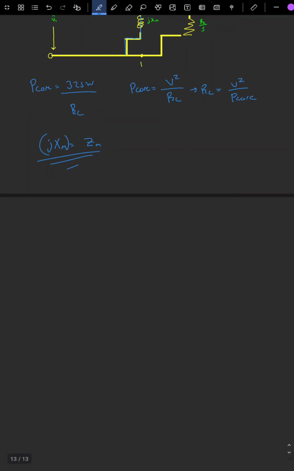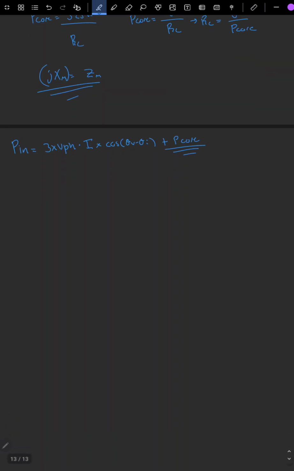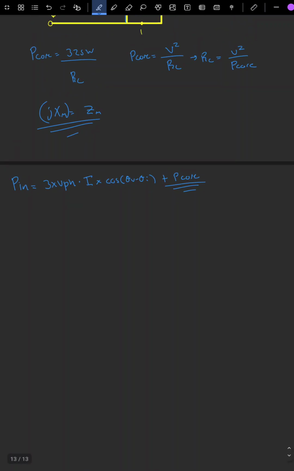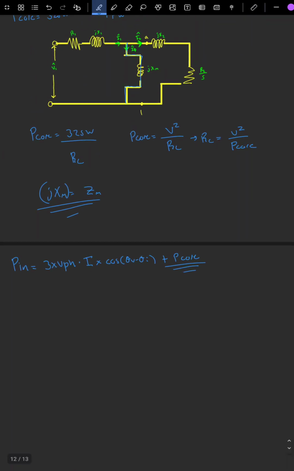But you switch your P-in equation. So we know our P-in from being 3 times V phase times I times the cosine of the difference, and that would be it. Now we're adding P core, and that's all you really have to change when solving this question, if you do it the way I decided to solve it.